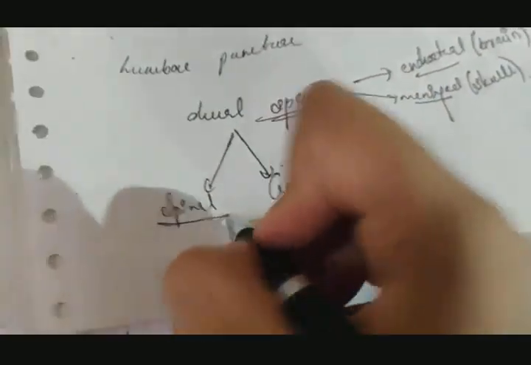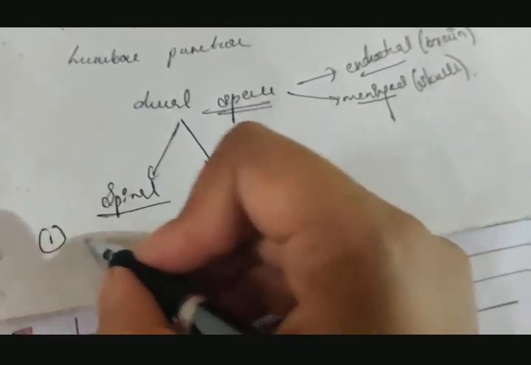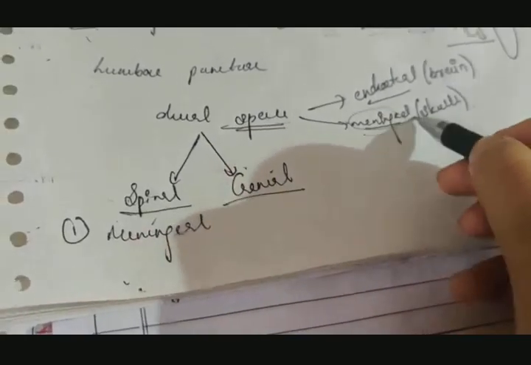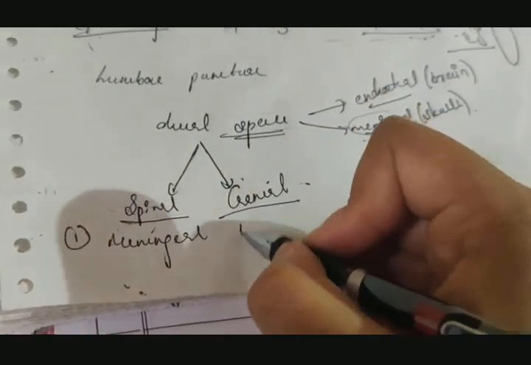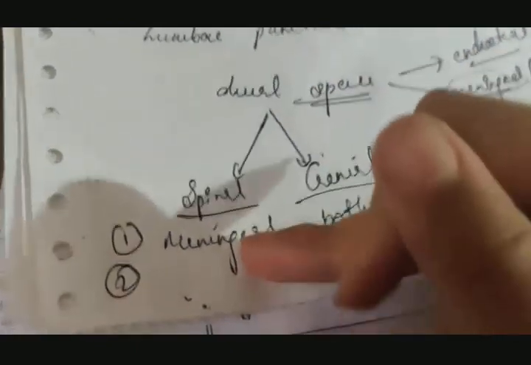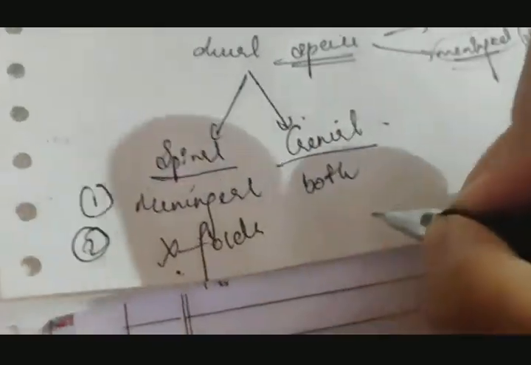The difference between the spinal and cranial is, firstly, the spinal consists of only the meningeal layer. That is only this part. But the cranial consists of both the meningeal and the endosteal layers. Next, the spinal part does not have folds, whereas the cranial does.